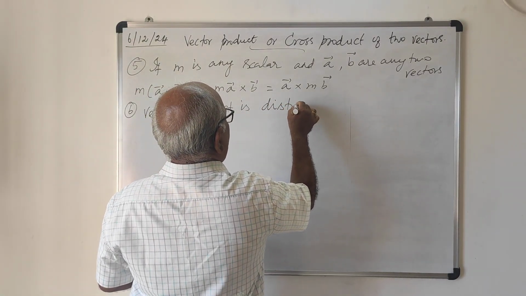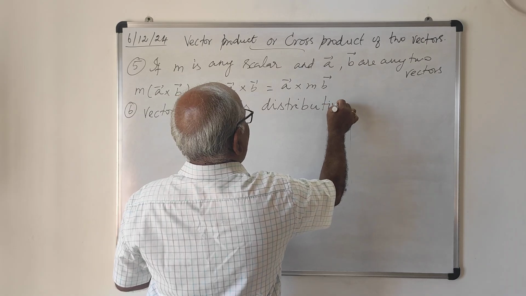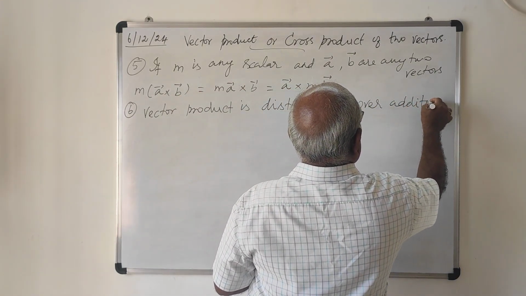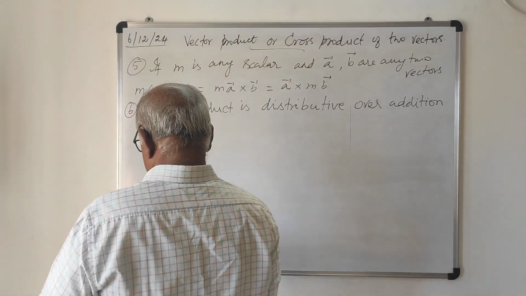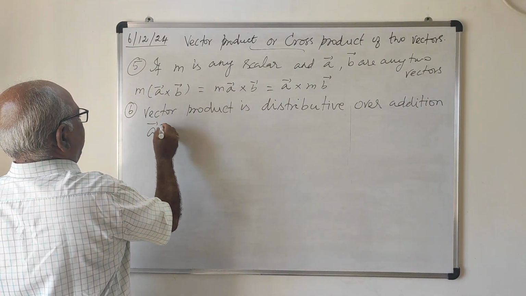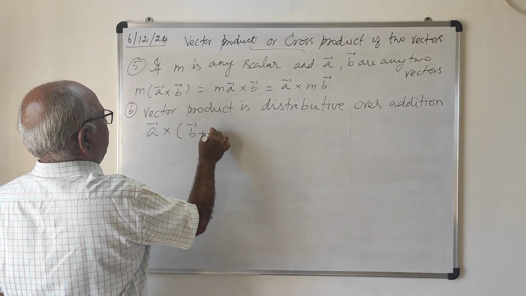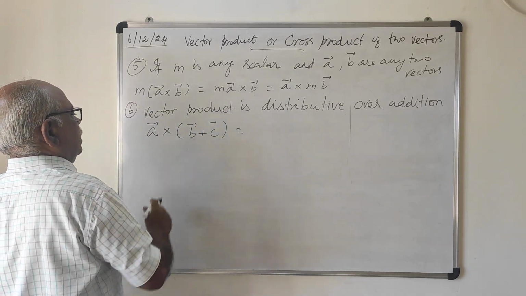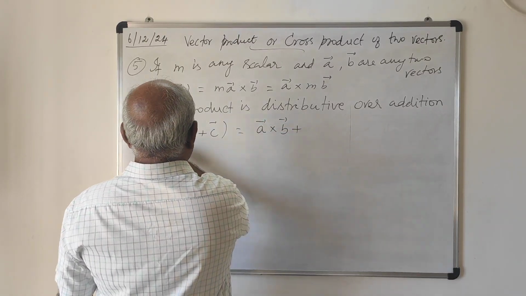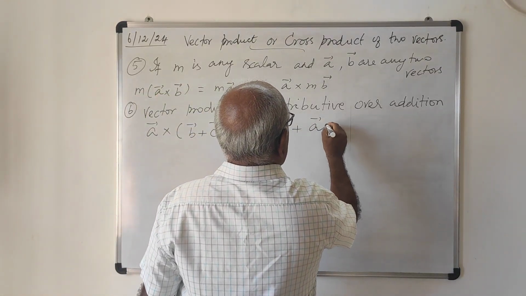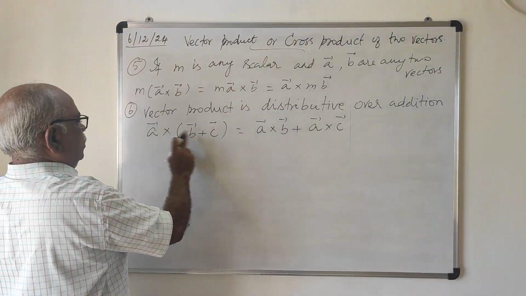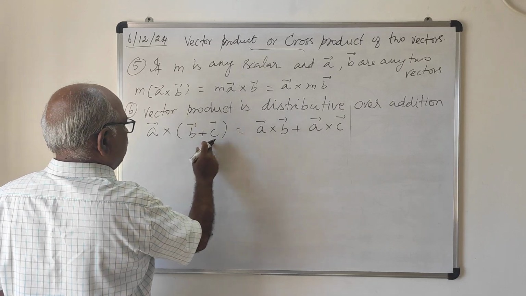For that, consider any three vectors A, B, C. A cross B plus C equals A cross B plus A cross C.